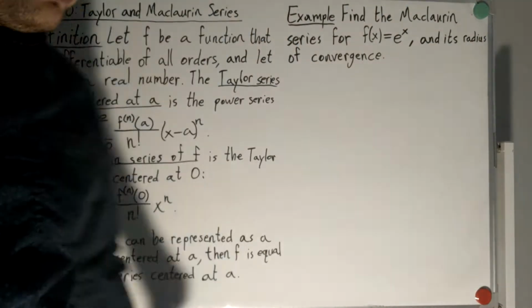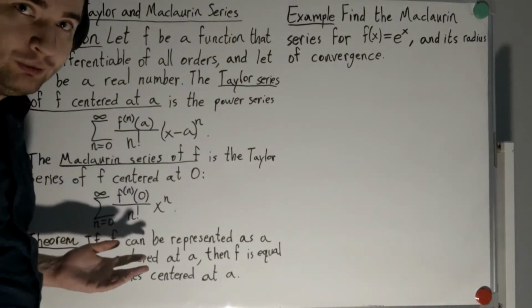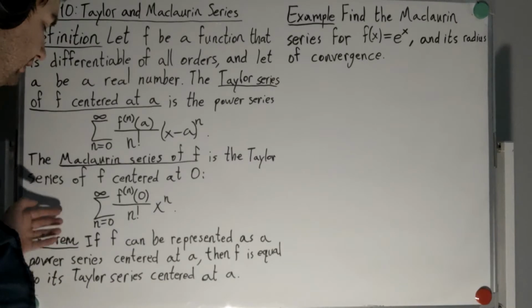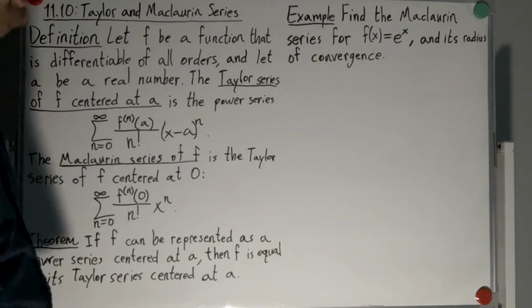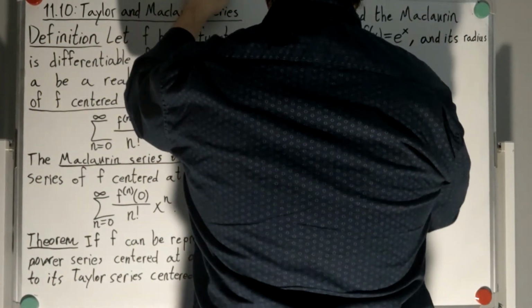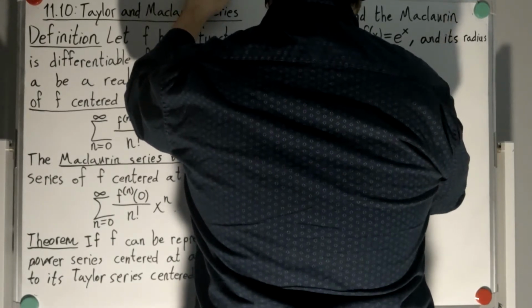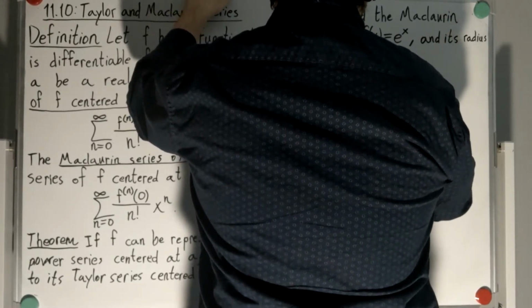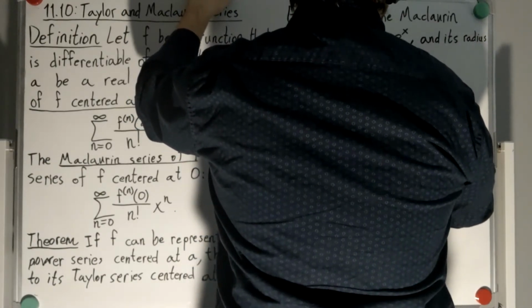Okay, so the Maclaurin series is just the Taylor series centered at 0. So all we need to do is just say it's going to be this. Okay, so what we're going to need here is just the sum from n equals 0 to infinity of the nth derivative of f evaluated at 0, divided by n factorial, times x to the nth power.